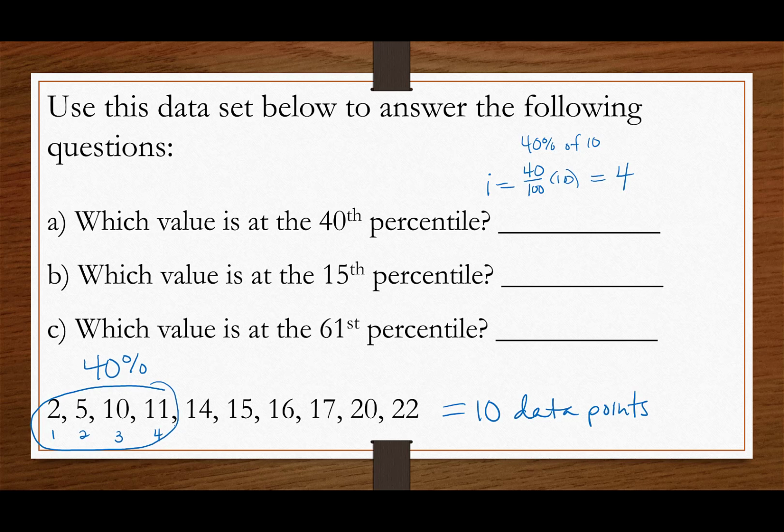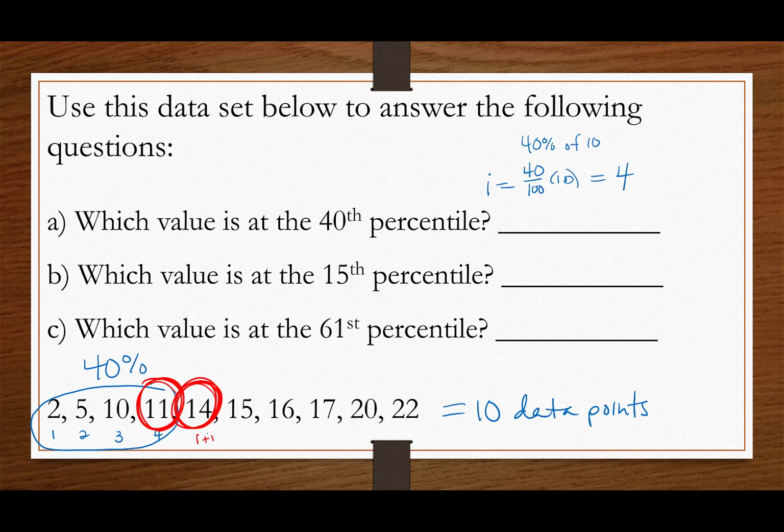And so on the previous screen, what you just wrote down is that when I is a whole number, we are going to take the I-th value and find the average with the very next data point, which in your notes, you said I plus 1, which would just mean the next data point. And so we're going to average those two together.